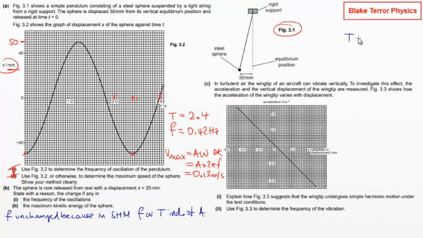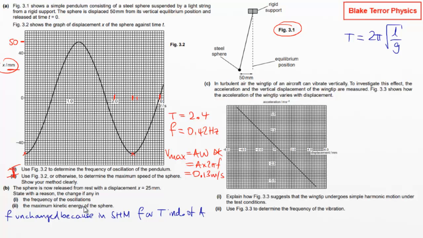We know that our time period for a simple pendulum, 2 pi root L over g, only depends upon the length of the pendulum and the acceleration due to gravity, providing we're at small angle. It has nothing to do with our displacement or our amplitude. So that will stay unchanged.